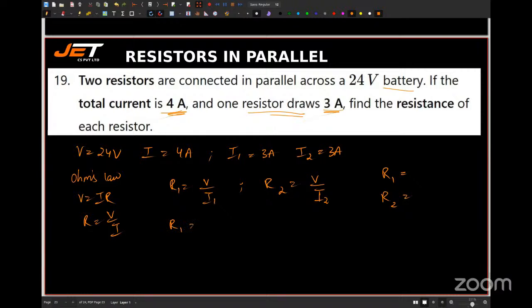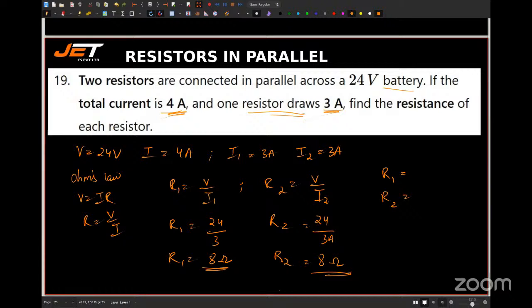So R1 will be equal to 24 by 3. So R1 is equal to 8 ohms. And R2 will be equal to 24 by 1, so R2 will also be calculated. Clear? So this is the resistance of each resistor. This is how you find out.